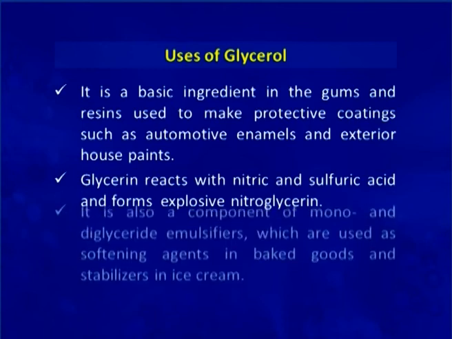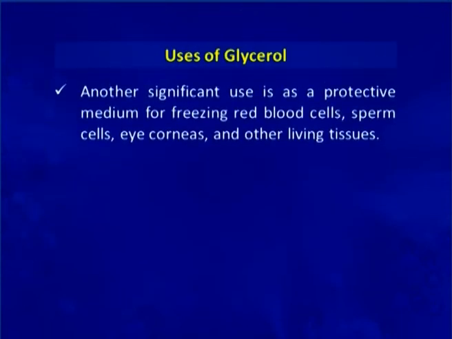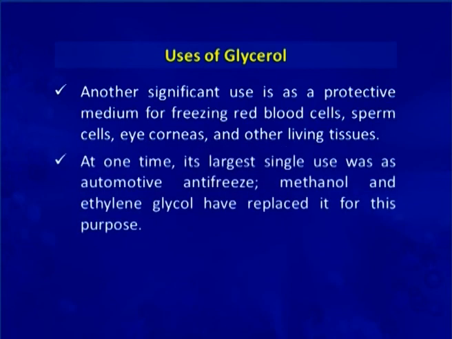It is used as a softening agent and stabilizer in ice creams, and it is also used for freezing red blood cells, sperm cells, eye cornea and other living tissues. Earlier it was used as automotive antifreeze, but nowadays this use of glycerol has been replaced by ethylene glycol.